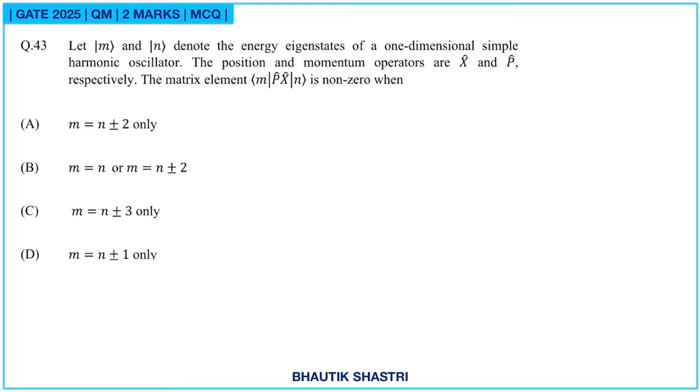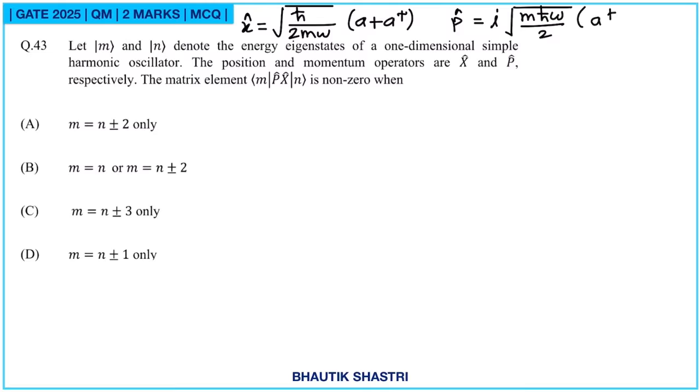So x operator is x cap is equal to under root h cut by 2m omega (a plus a dagger), and p cap is i under root m h cut omega by 2 (a dagger minus a), where a is lowering operator.